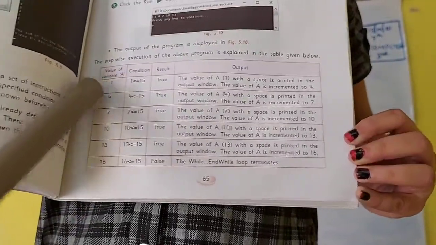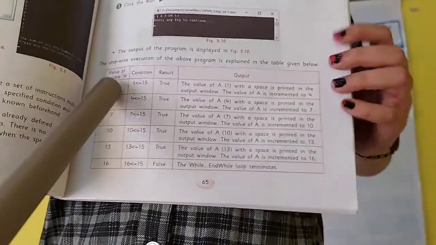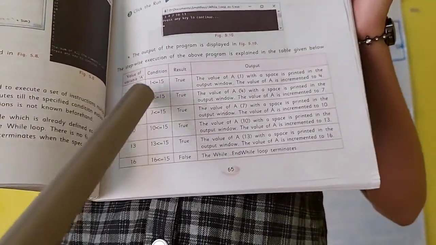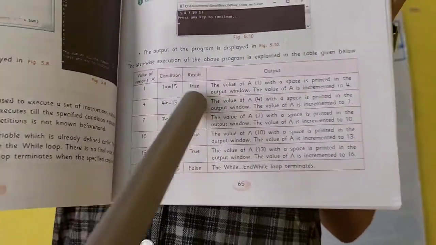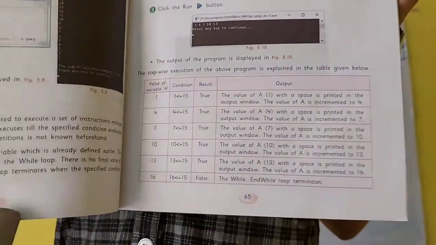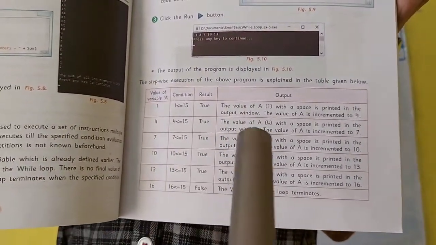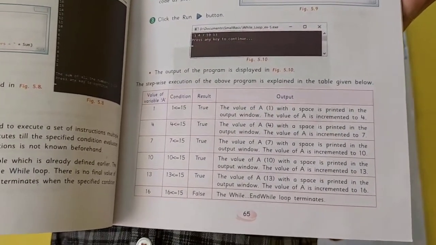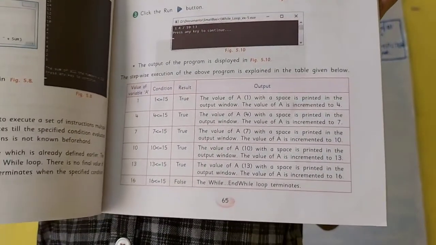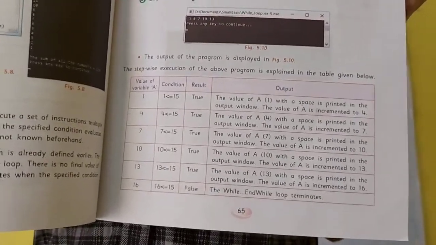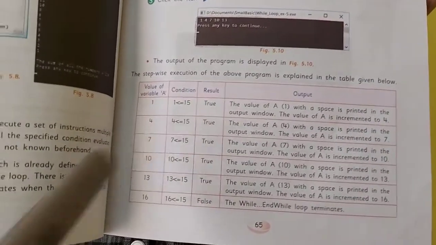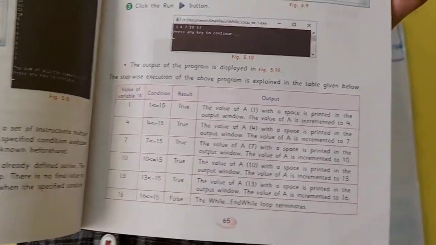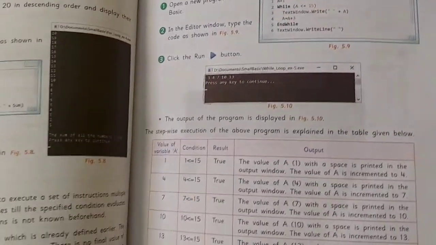First, in the first condition, 1 is less than or equal to 15, that is true. So the value of A, 1, with a space, is printed on the output window. Then it is incremented to 4, because our next value is 4. It is not a consecutive number, it is the series of numbers which is given to us.